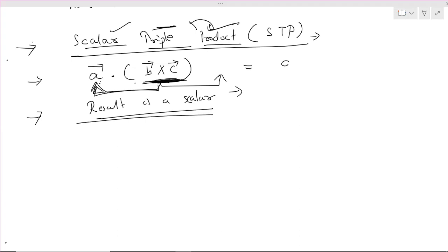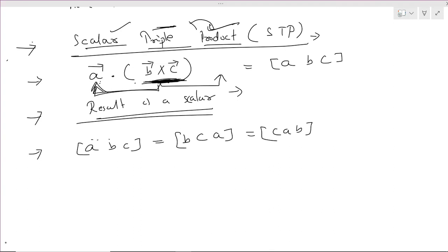This is also written as ABC box. One property about this: ABC will be equal to BCA will be equal to CAB.